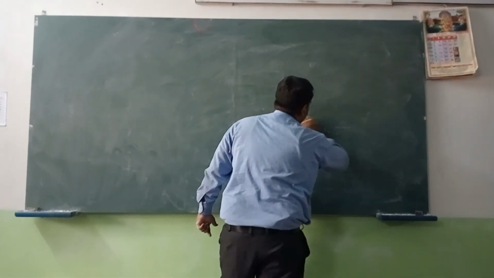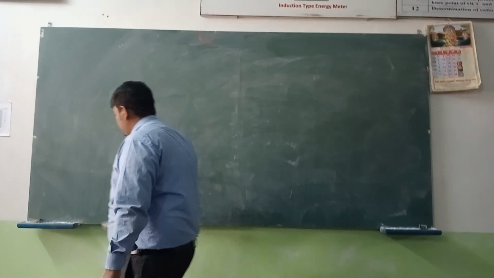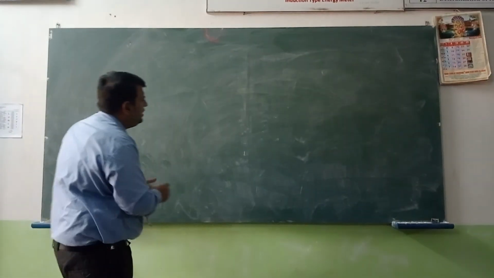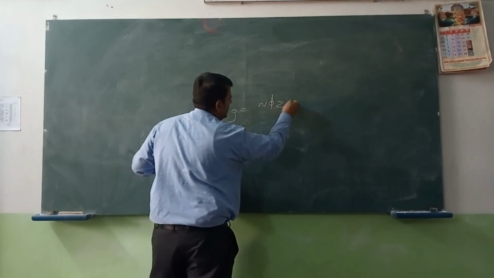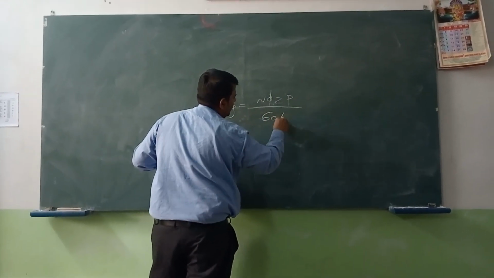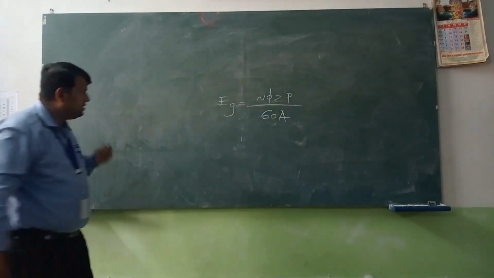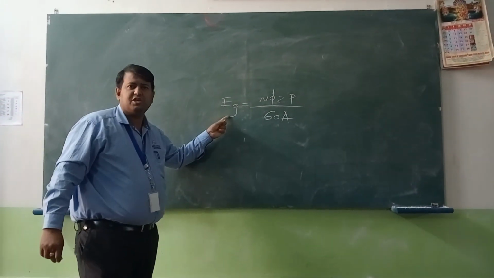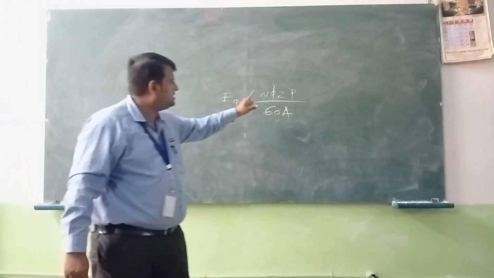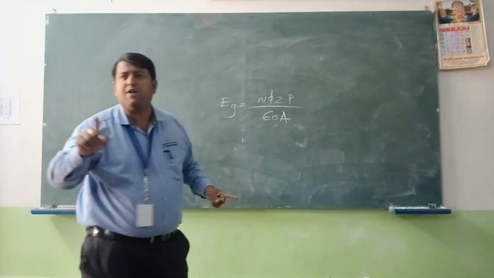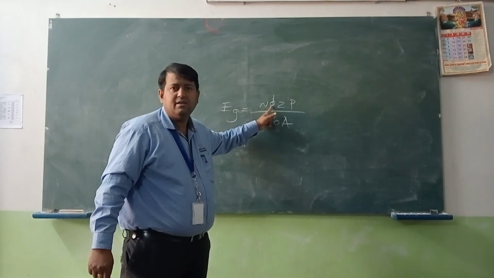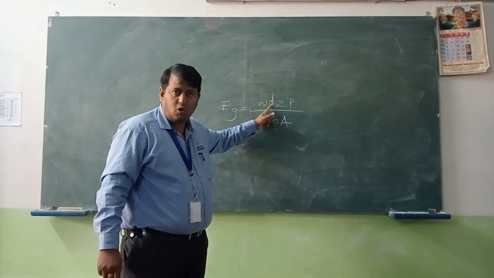What is the EMF equation of DC generator? EG is equal to N phi ZP by 60A. This EG is the generated EMF, and N is the number of rotations in RPM, revolutions per minute, and phi is the magnetic flux per pole.